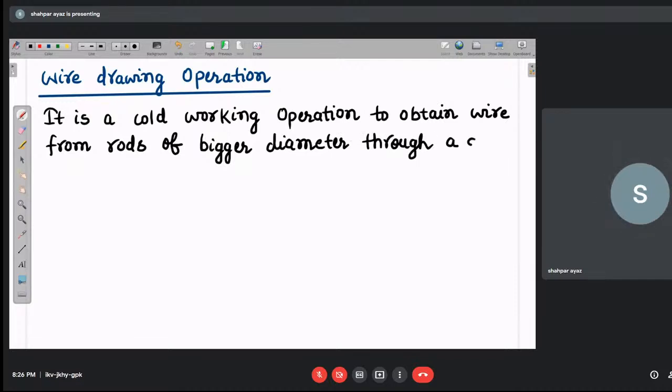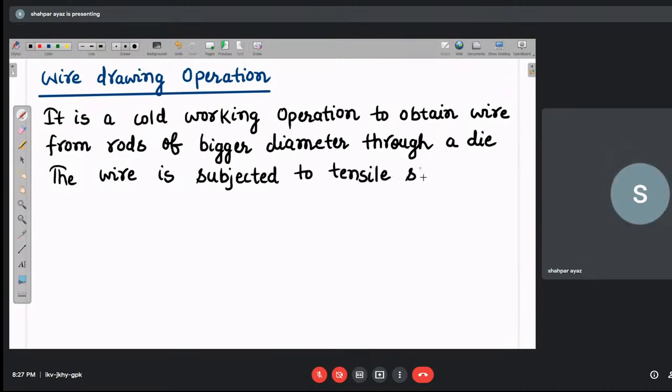Types of stress in this: only tensile stress develops. The wire is subjected to tensile stress only.